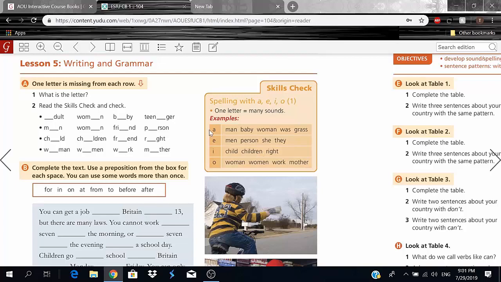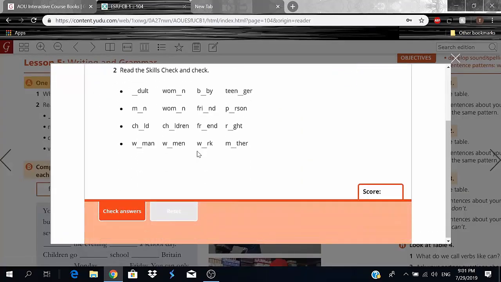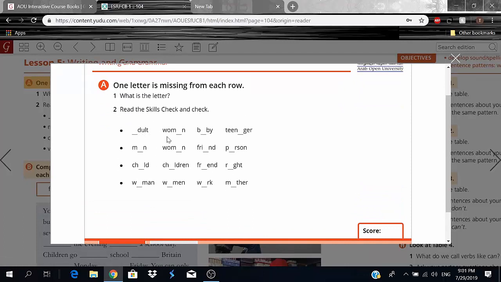Okay? Now here we have, let's actually open this. Okay? Now read the skills check like we already did. Now let's check the words. Okay? So number 1 will be adult. Number 2 will be woman. Number 3 will be baby. And finally, teenager. Okay? So adult, woman, baby, teenager. Number 2, I think these are the ones with the E. So men, okay?